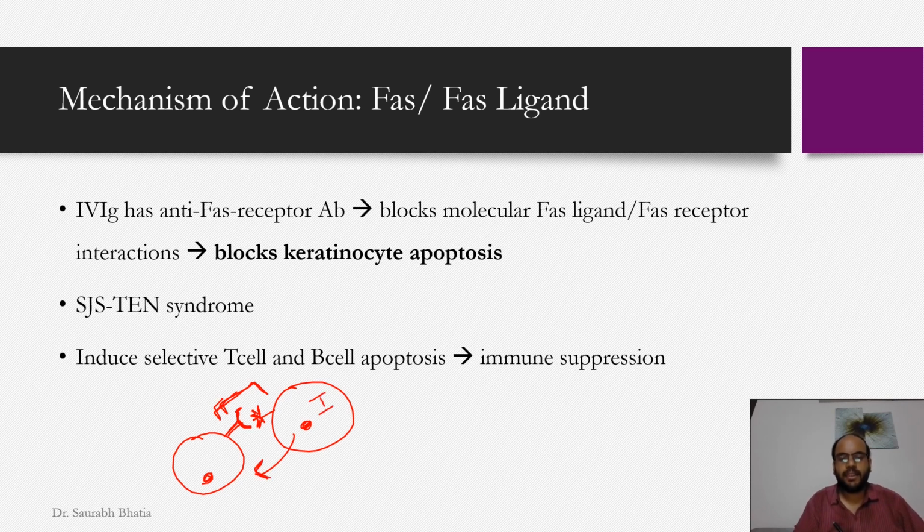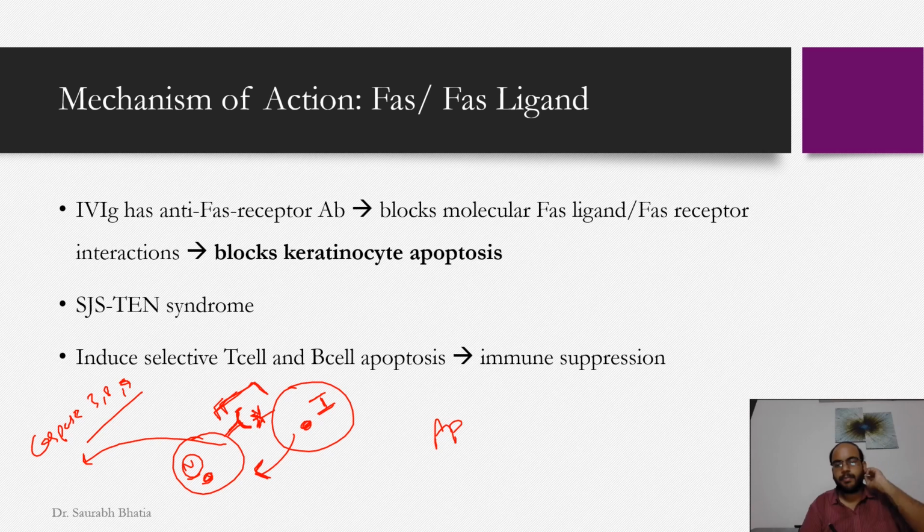So let's say, for example, this is an immune cell and this is a normal cell. A normal cell will express a lot of Fas ligands, and when these get attached to the receptors on the immune cells, a signaling cascade will start. I don't remember it correctly, but I think caspases 8, 9 and 3 are involved. Because of the involvement of different caspases, apoptosis happens.